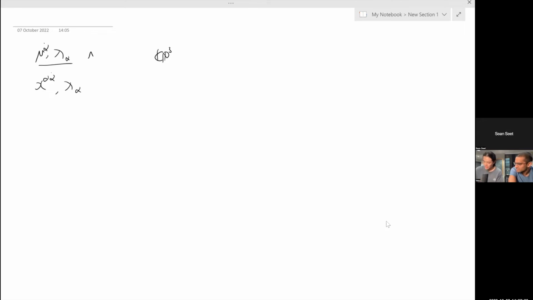Okay, so there's that. And then the way this works is that you can decompose X into its 4 components, which are simply mu hat x lambda hat, mu hat x lambda, mu x lambda hat, and mu x lambda.